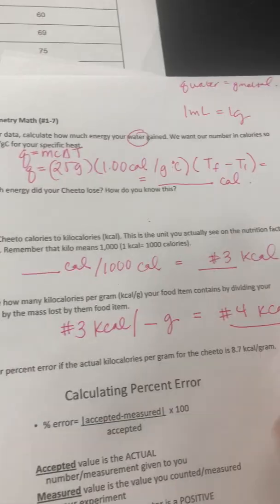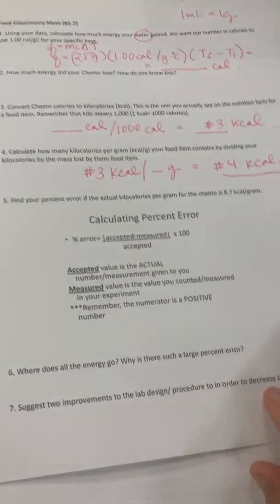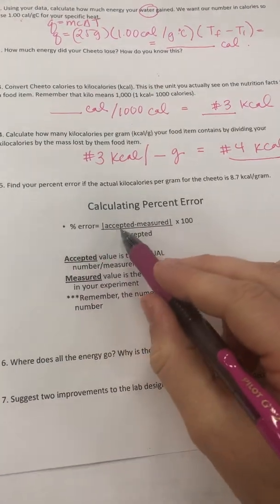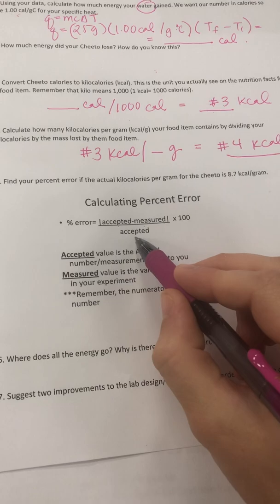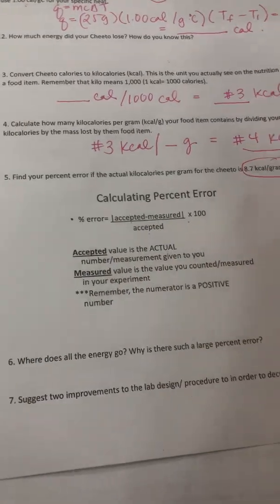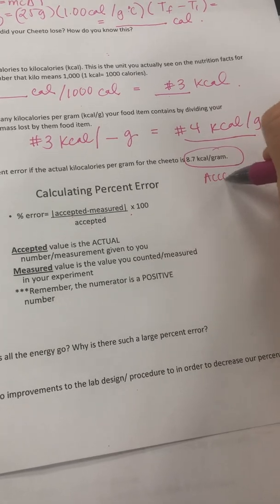Now, number 5, find your percent error. Our percent error is equal to our accepted minus our measured, divided by our accepted, times 100. So in this case, this number is our accepted.